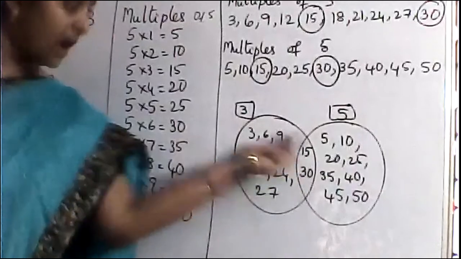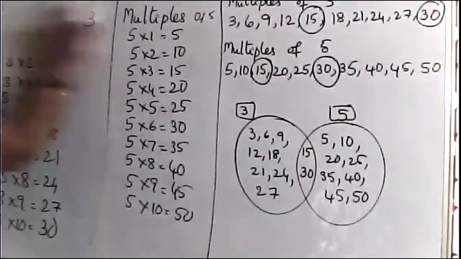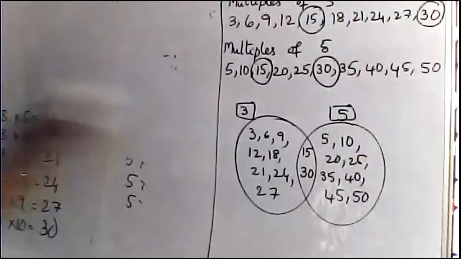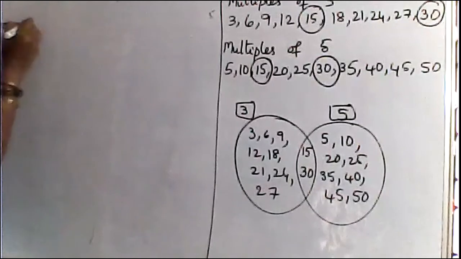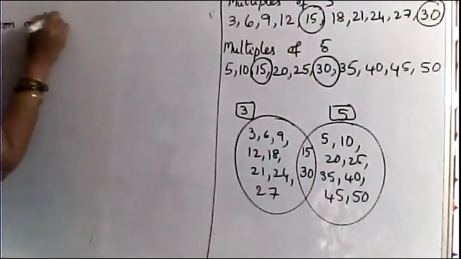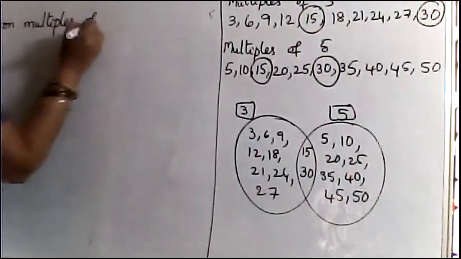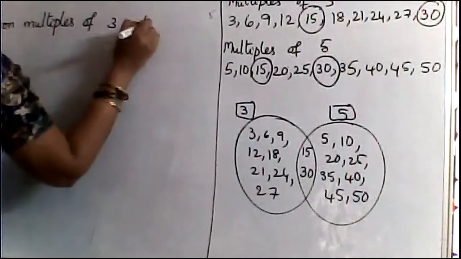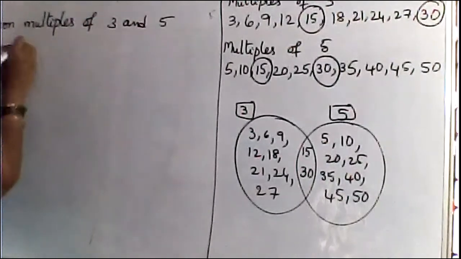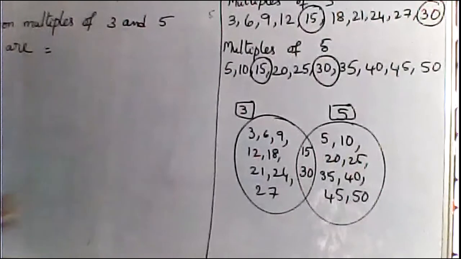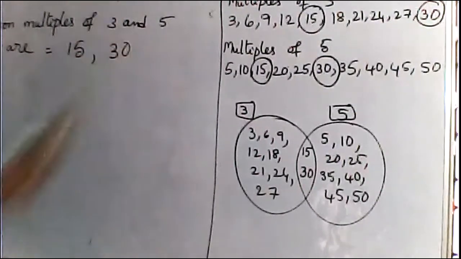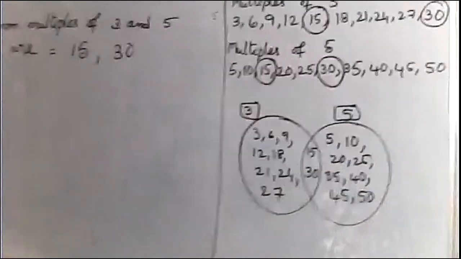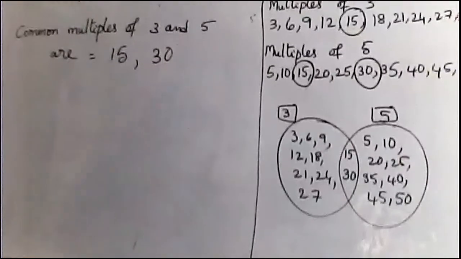Then what are the common multiples here? 15 and 30. So the common multiples of 3 and 5 are 15 and 30.